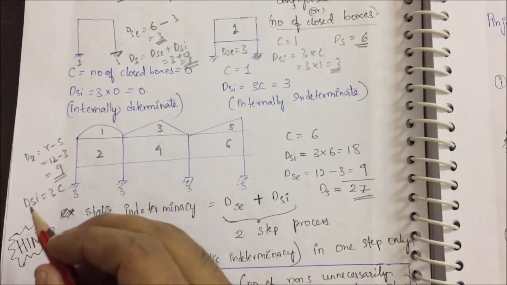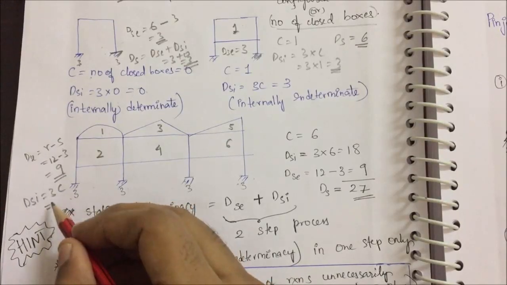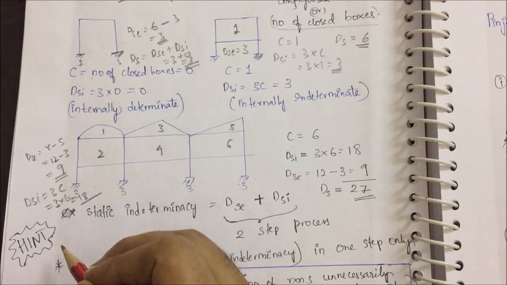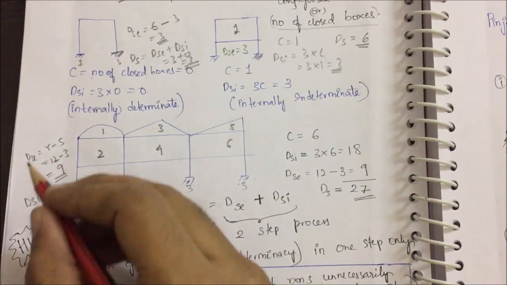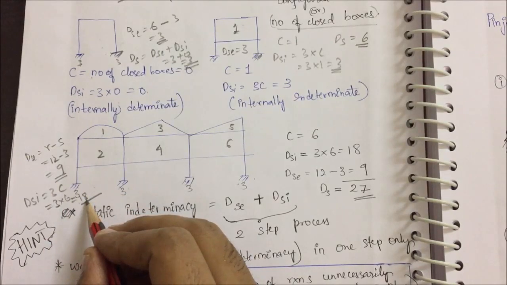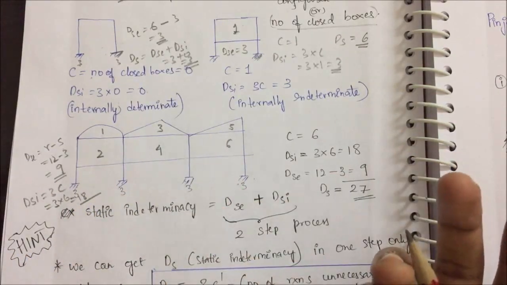Therefore, what will be my internal indeterminacy? 3 into C, which is 3 into 6 is equal to 18. So what is my DS? DS value is nothing but DSE plus DSI. So 9 plus 18 is equal to 27. That is your static indeterminacy.